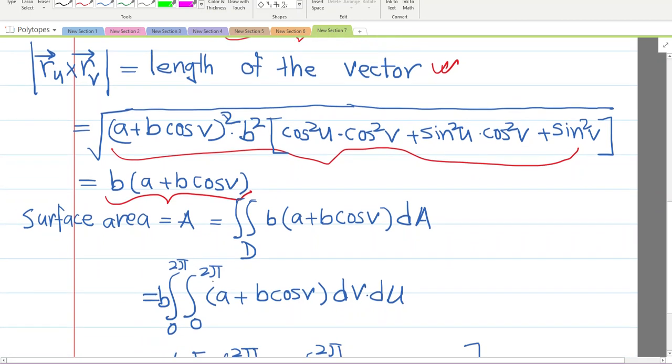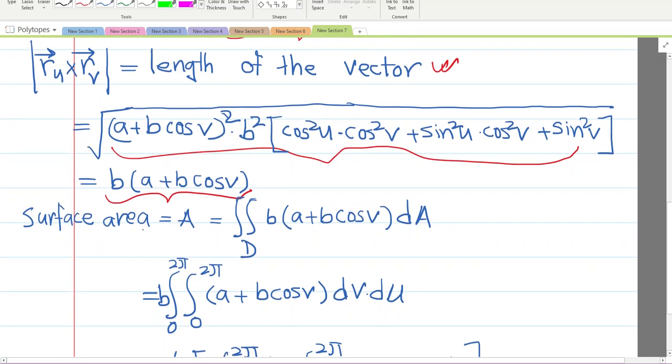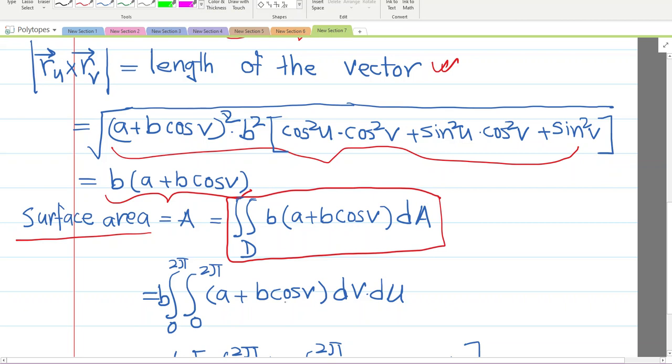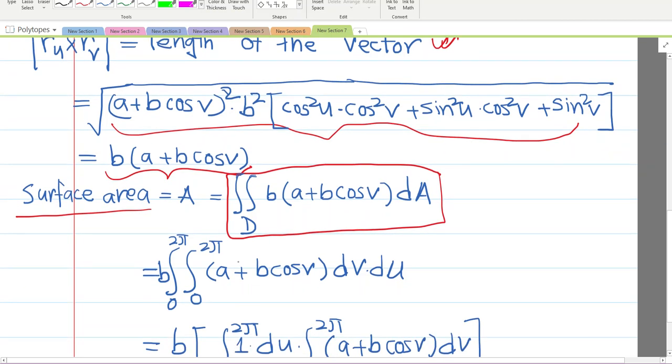Now let's go back to the surface area formula. It is given by this. This is the double integral where D, the domain, is where the parameters u and v vary.